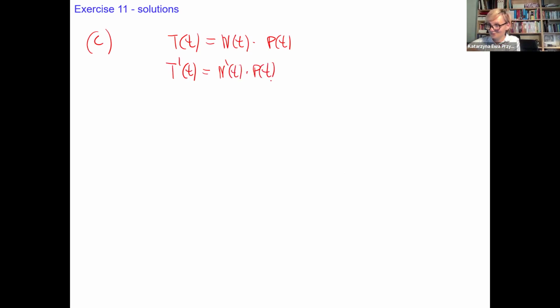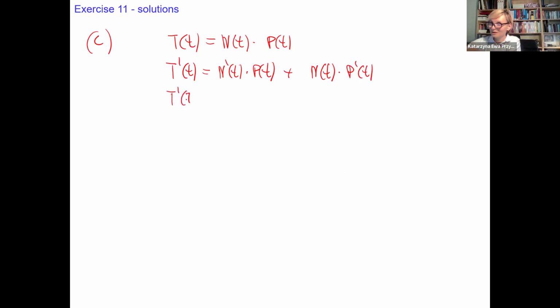Let's do it. That means part C. Total money spent is a number times the price. That means we need the derivative. Derivative of n times p, the product rule: n prime times p, plus number times derivative of the price.